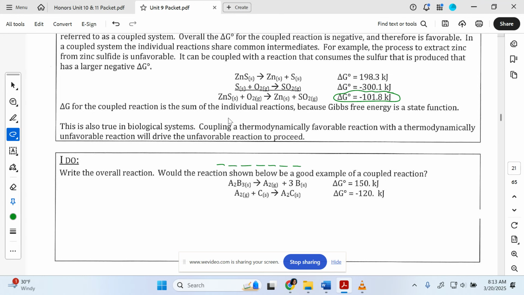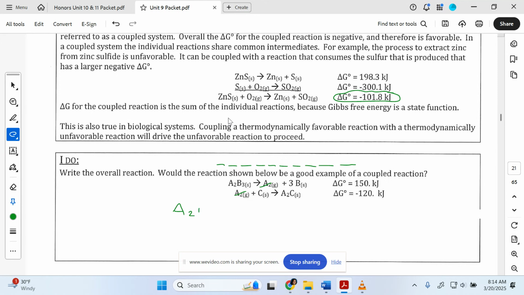Intermediate. Yes, very good. This is an intermediate, so we are going to cross it off. And then our overall reaction is what's left.